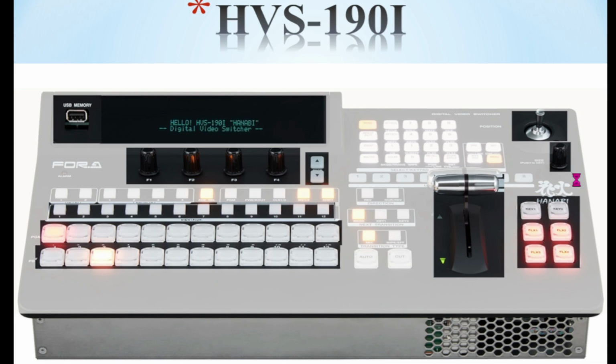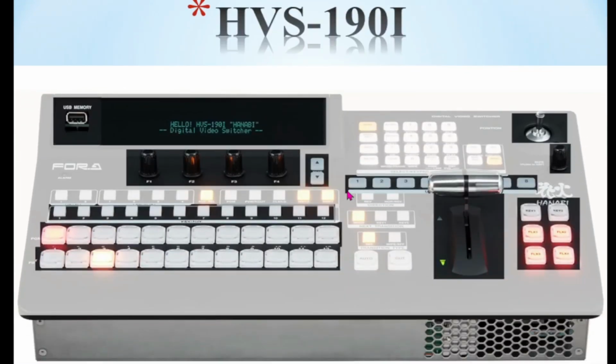You can see there are 8 buttons. These buttons are called user buttons, where you can assign any kind of shortcut to do your job easily. And this section is called the keypad section, where you can store or recall macros and events.